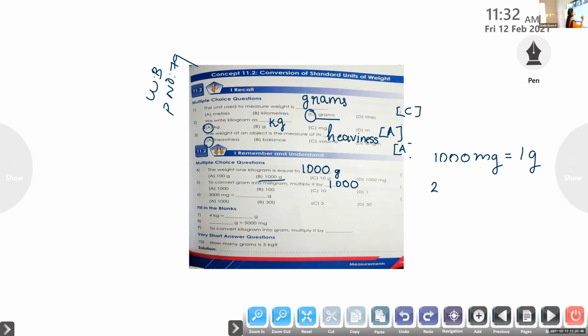So, 2000 milligram, how many grams? 2 gram. Just remove the zeros. If you are removing the last 3 zeros, you will get 2 grams. Like that, 3000 milligram equal to how many grams? 3 grams. So, 3000 milligram is equal to 3 grams. Good.